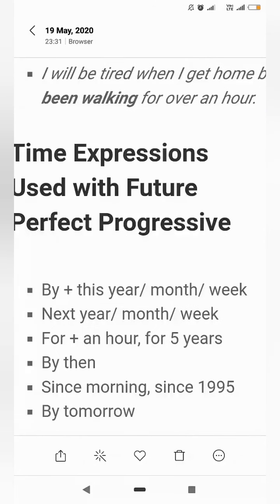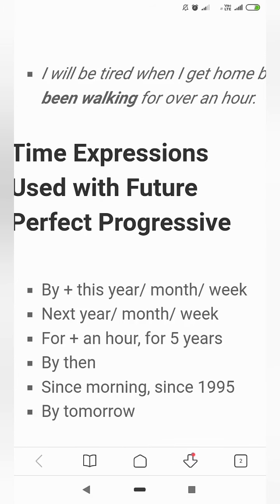Okay. So there are time expressions used in the future perfect progressive, that is future perfect continuous. By this year, month, week, next year, month, week. Okay, 5 years, by then, since morning, since 1955. Okay, all these, by tomorrow, all these expressions can be used in future perfect.